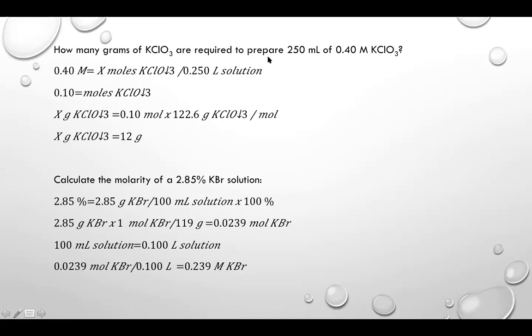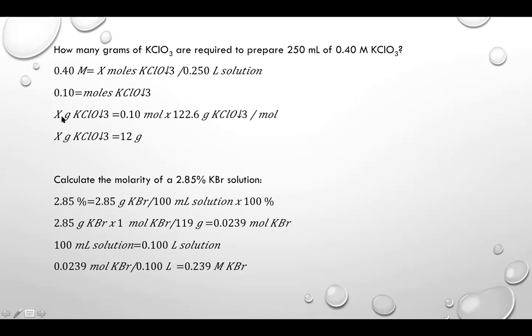And so we'll just multiply by the 0.250 liters so that we can isolate the X. So we'll multiply this side by 0.250, the other side by 0.250, and we're left with 0.10 moles. So if you multiply 0.250 by 0.40, you'll get 0.10. And that leaves us with the moles of this molecule.